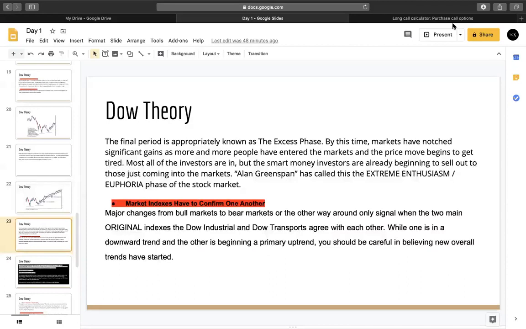Like for example, if you see a bear flag on Amazon and on Netflix, but then you see a bull flag on Apple, would you still swing Apple? No, right?